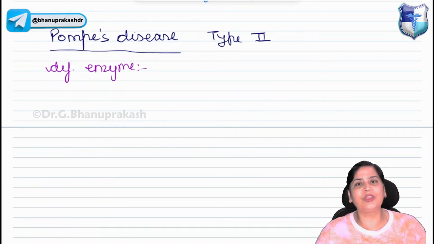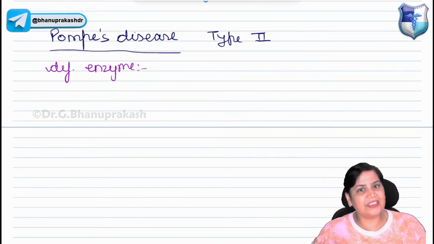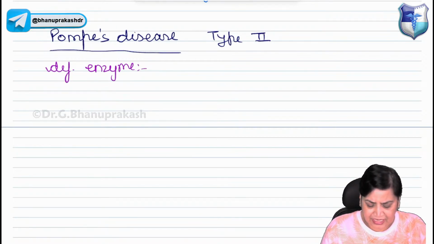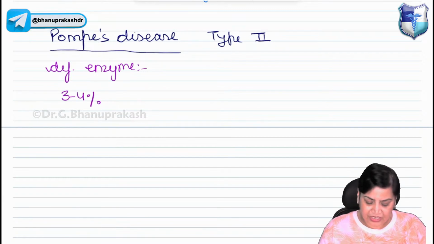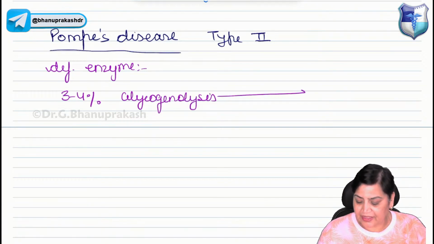Now coming over to the organelles, some part of glycogen is broken down in lysosomes also, say 3 to 4%. So 3 to 4% of glycogenolysis takes place in the lysosomes.